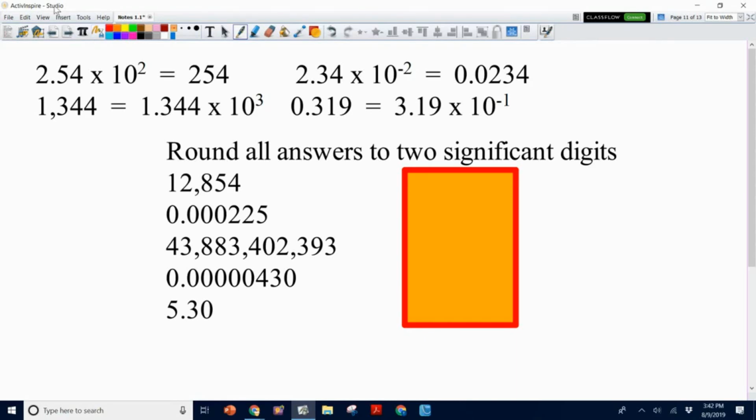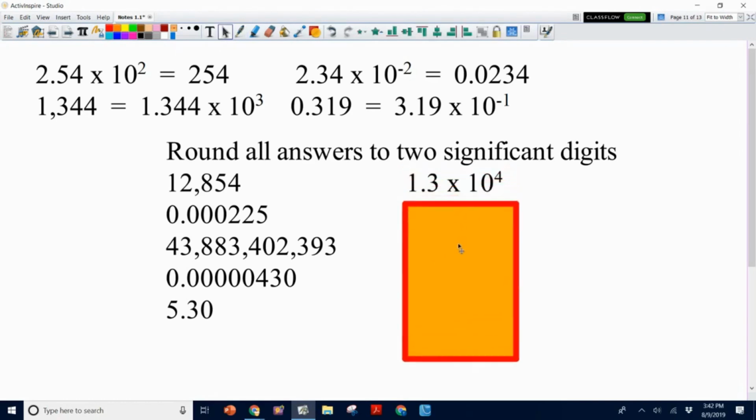All right, so for the first one, 12,854. So how do you write that in scientific notation? 1.3 times 10 to the 4th. Okay, so why 1.3? Well, if we move our decimal to right here between the 1 and the 2, that's going to be 1, 2, 3, 4 times, so it's 10 to the 4th.